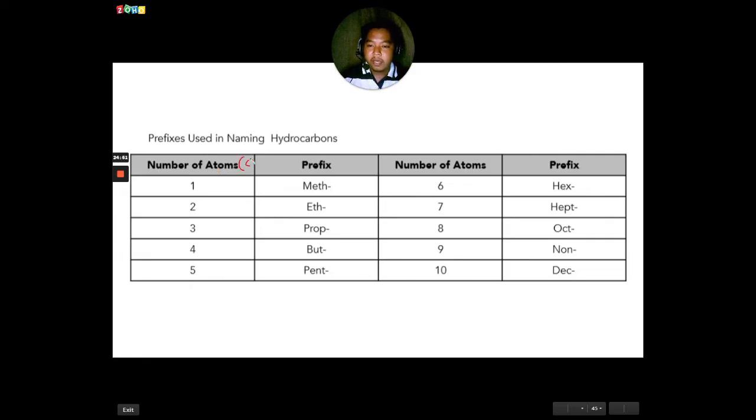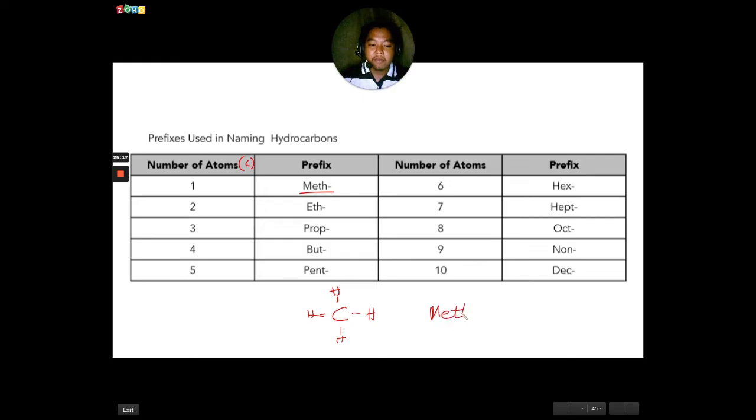So if we only have one carbon, we use the word meth. Meth for one carbon. Meth has one carbon, therefore it can have 4 hydrogens around it. And since it's an alkane, it becomes methane.